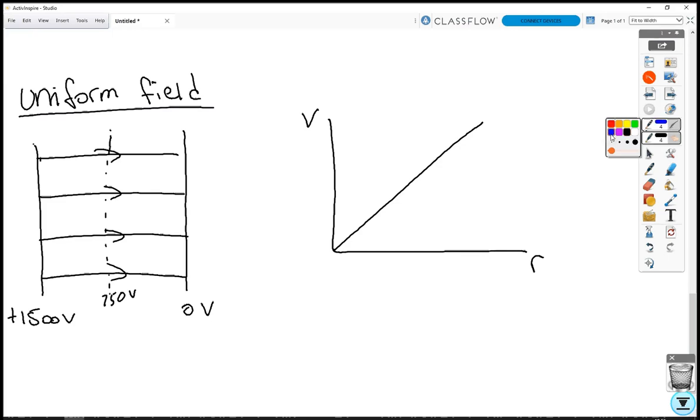So in this case, the field strength is just a constant line within those plates. And then what we can mark over here as a limit to this graph, which is D, where we get the separation of the plates. So that is D. Outside of that, we don't have an electric field.